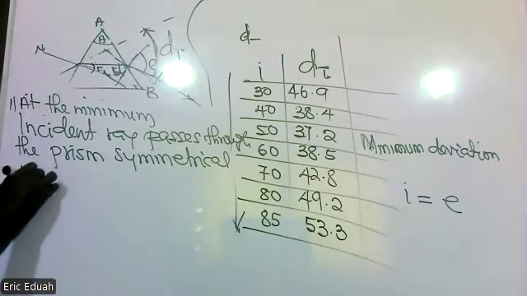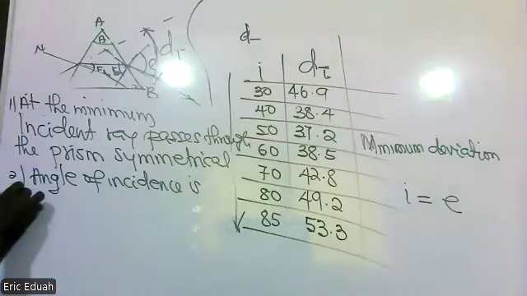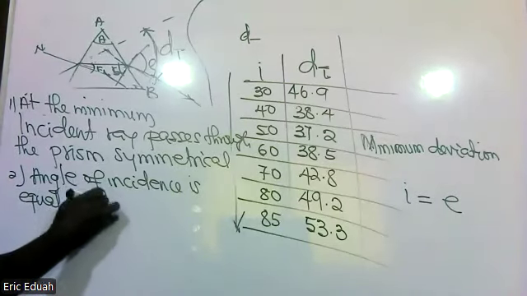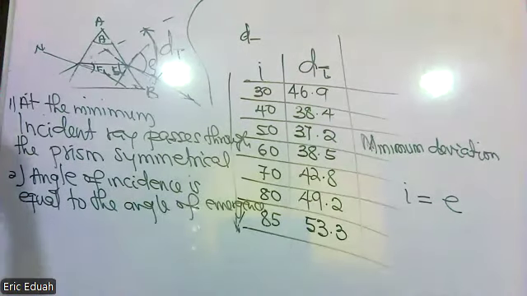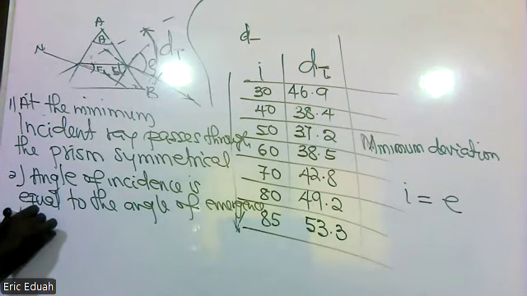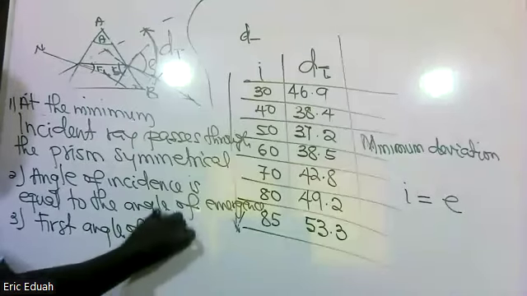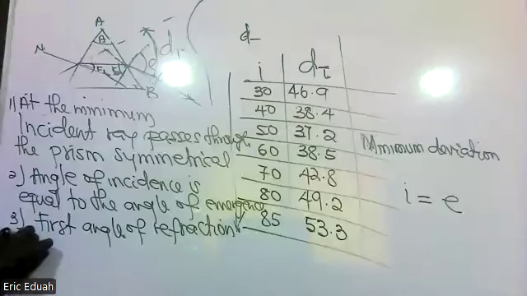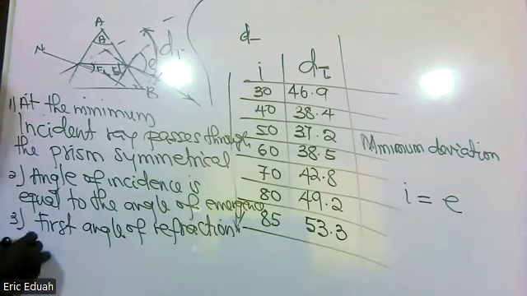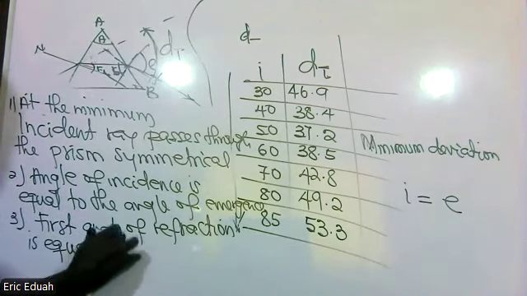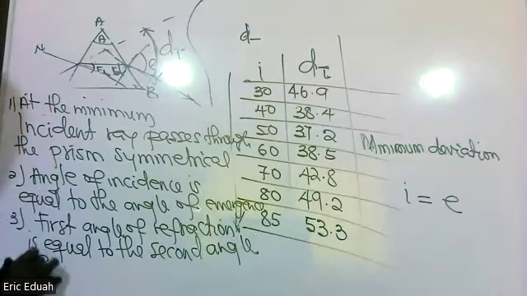And 2, angle of incidence is equal to the angle of emergence. 3, we have the first angle of refraction is equal to the second angle of refraction.